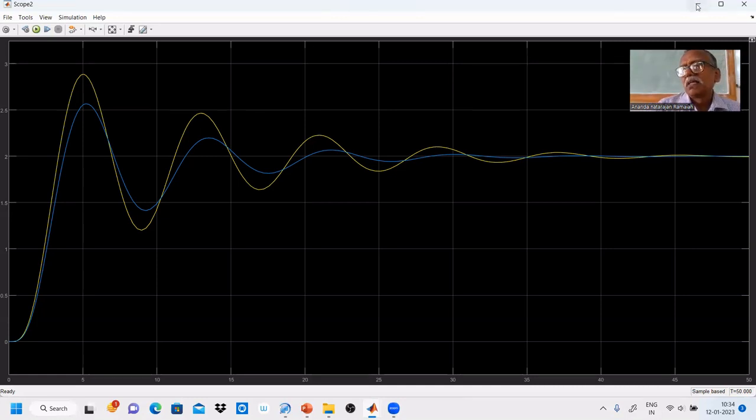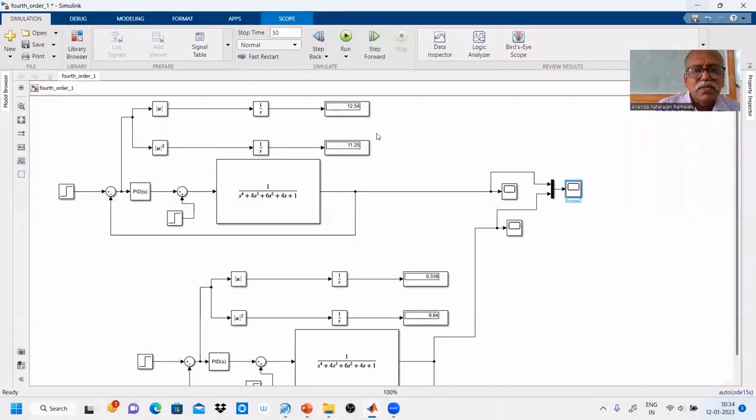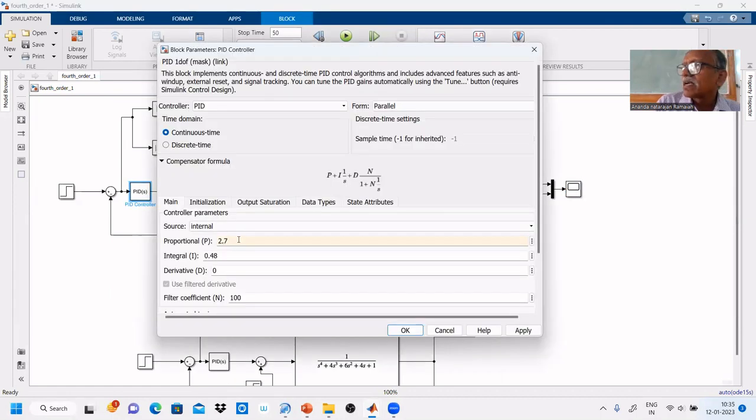Now let us go for PID control. Reaction curve method, 2.76 or 7.9. Okay. Integral time 2.79 divided by TI. How much? 0.08. Okay.